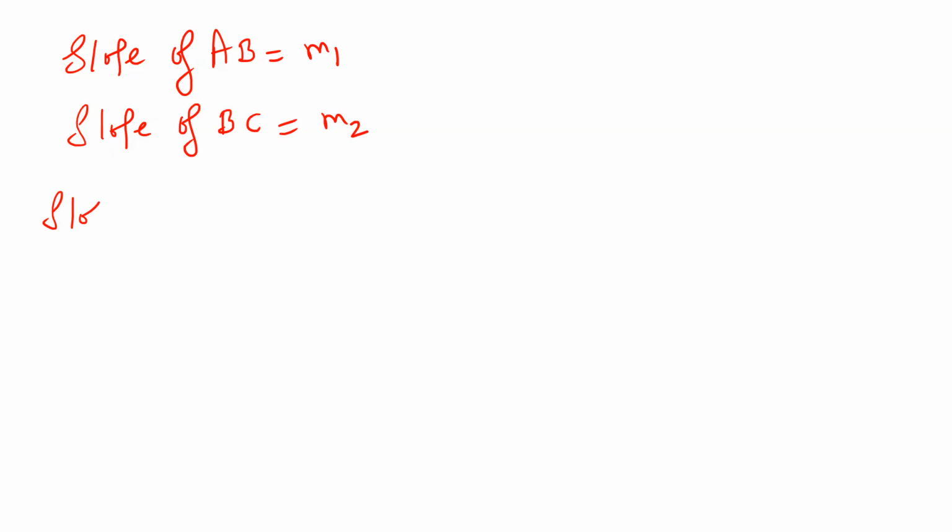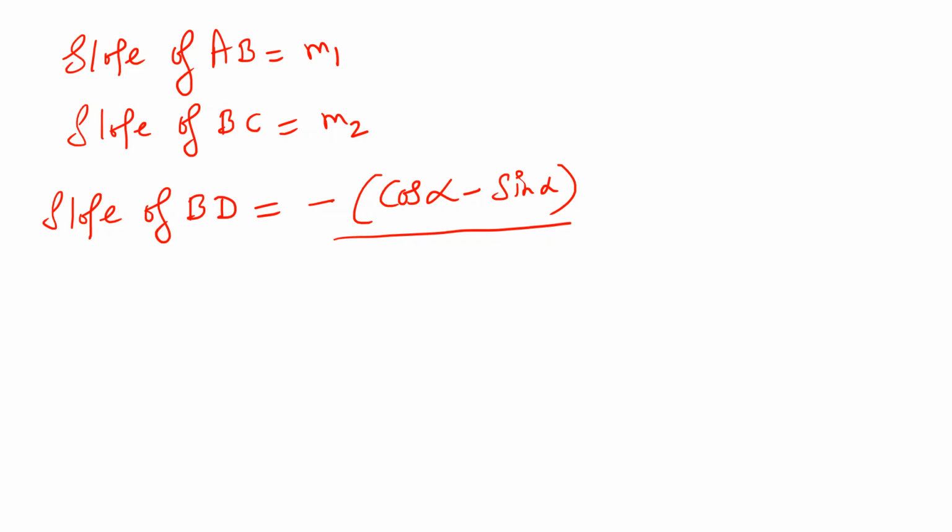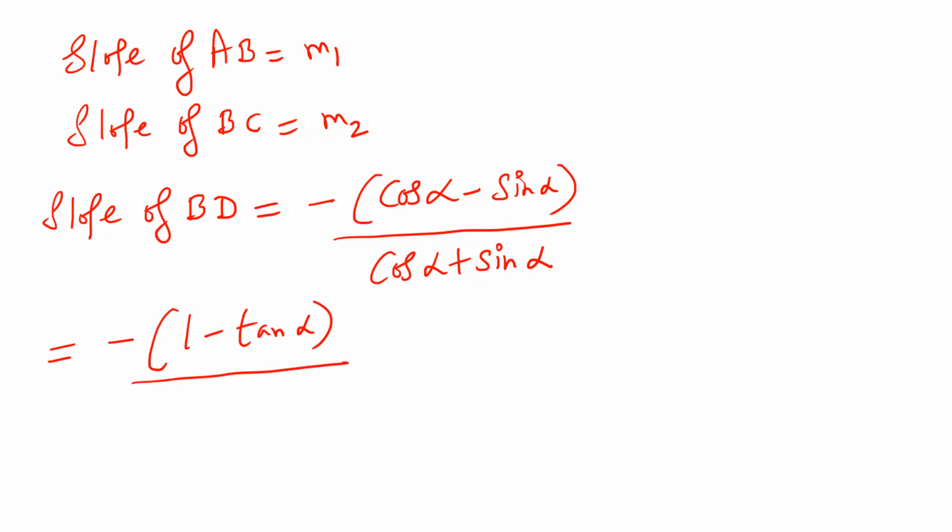And slope of diagonal BD we can easily find because we have its equation, and it is minus inside the bracket cos alpha minus sin alpha divided upon cos alpha plus sin alpha. Now students, to simplify this expression, just divide up and down by cos alpha. So now it becomes minus inside the bracket 1 minus tan alpha divided upon 1 plus tan alpha.